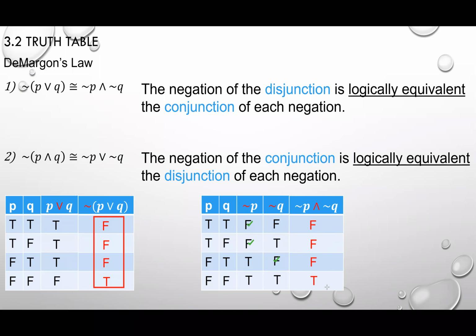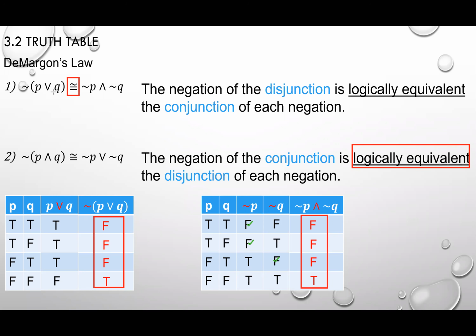If that's my final product, as long as they are exactly the same, we say that they are logically equivalent. And that's what logically equivalent is. They basically tell you that if you want to distribute your negation in, your operation, or in this case your connector, has to switch direction. And again, that's what they tell you is equivalent.